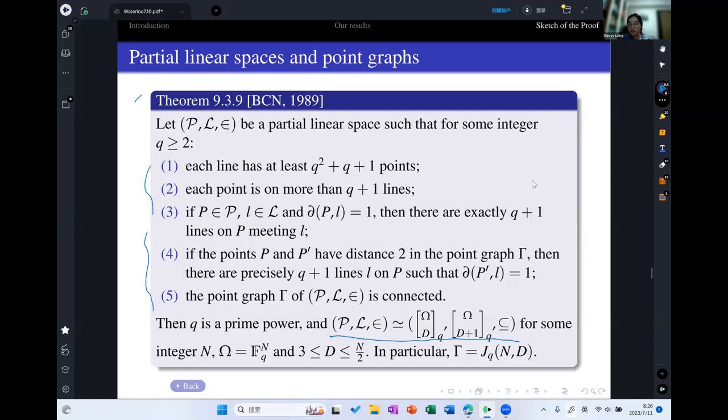In particular, the point graph of this one is exactly a Grassmann graph. So we want to construct a partial linear space satisfying these conditions. Then we can show the point graph gamma is a Grassmann graph.